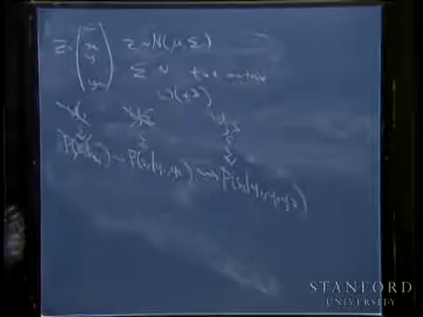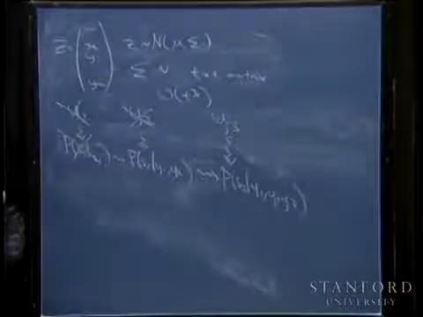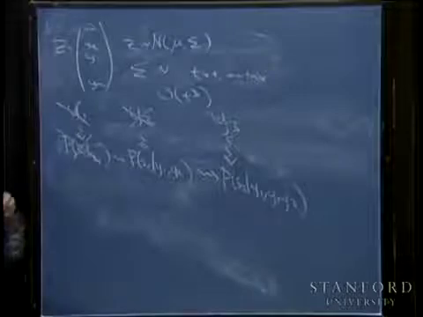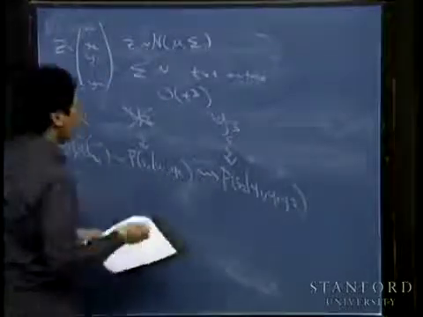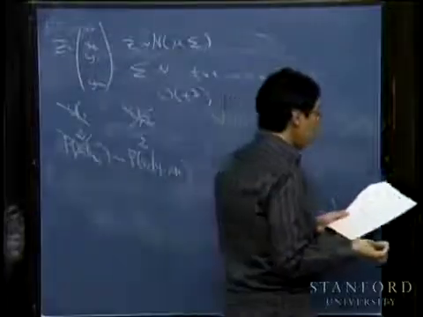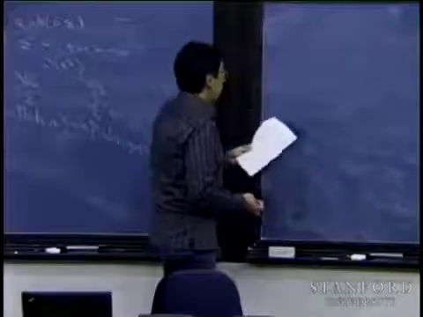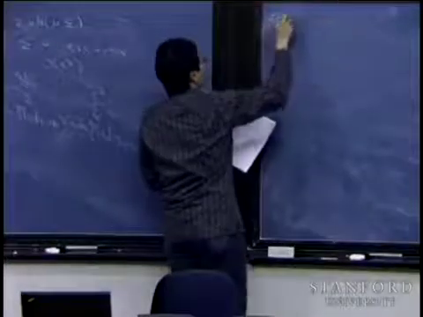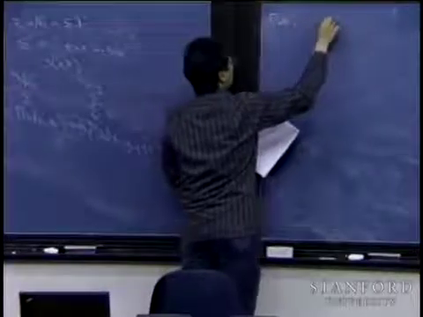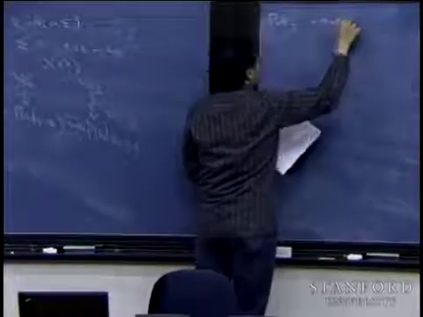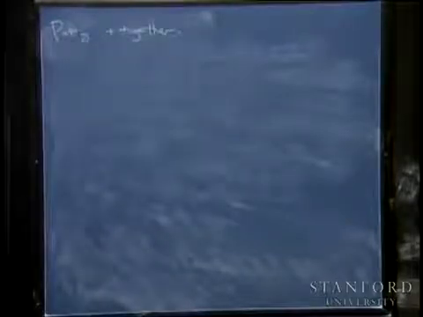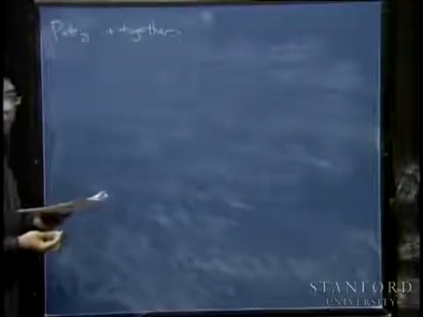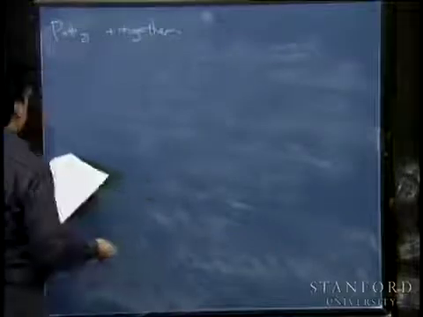Okay, cool. So, running out of time, but the last thing I want to do is actually put these things together. Putting Kalman filters together with LQR control, you get an algorithm called LQG control, which stands for linear quadratic Gaussian.